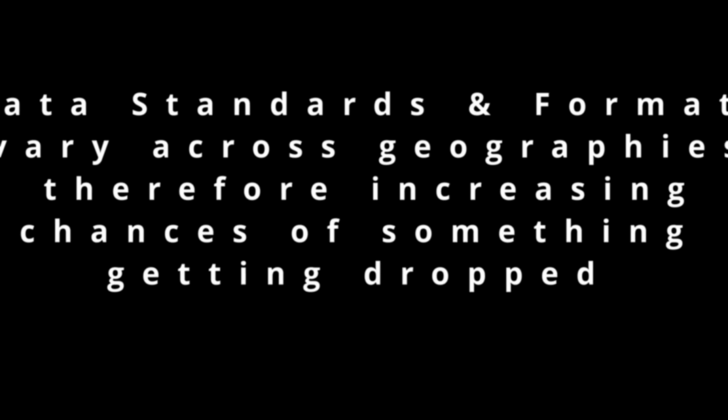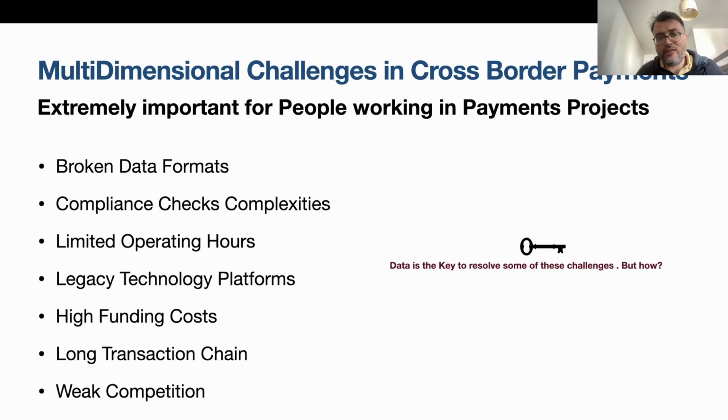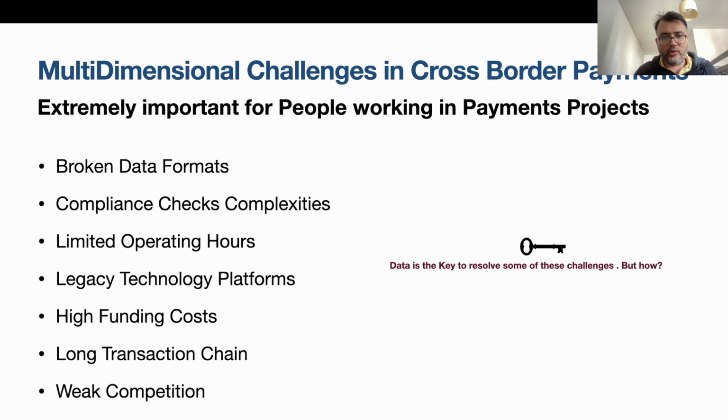There are also certain compliance checks, because when the hop happens from one country to the other, there are two countries now in the equation, and each of the countries will have its own set of compliance checks. That brings up more complexities, right? So there is more time needed to do these compliance verifications to make sure that there is no fraud happening, no money laundering happening, etc.